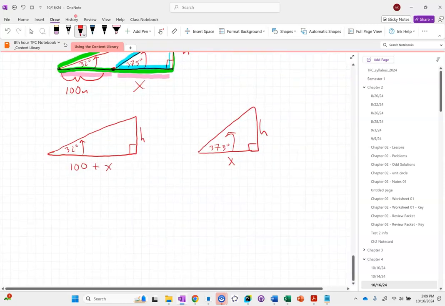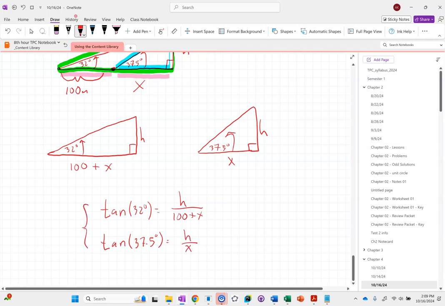So from the first triangle, tan 32 degrees is equal to opposite over hypotenuse. And the second triangle, tan 37.5 degrees is equal to opposite over adjacent. And that's going to form my system of two equations.